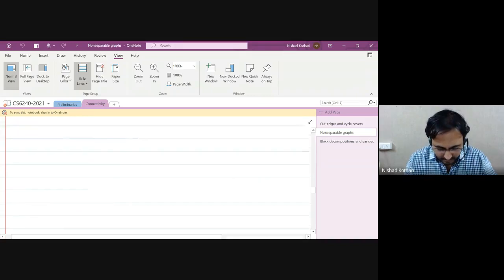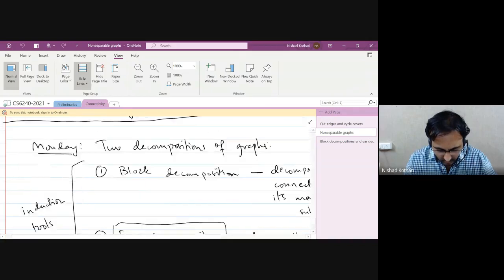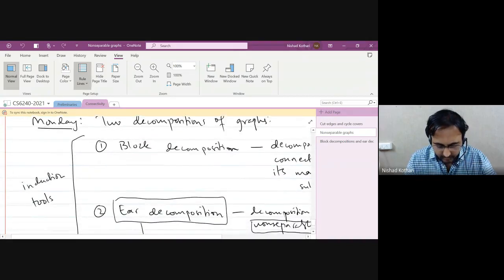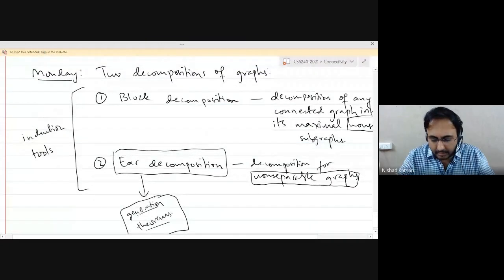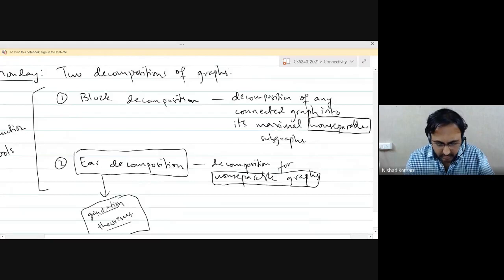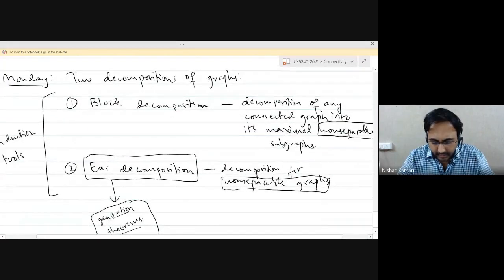In the last lecture, we discussed that we were going to discuss 2 decompositions of graphs in today's lecture, the block decomposition and the ear decomposition. The block decomposition is a very popular decomposition that most of you, perhaps all of you, would have seen in a previous course, especially if you took MA 213 or equivalent.